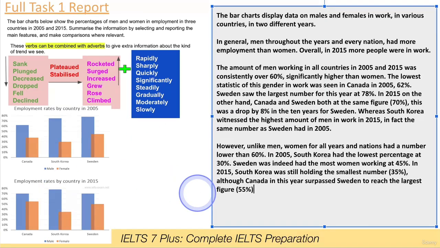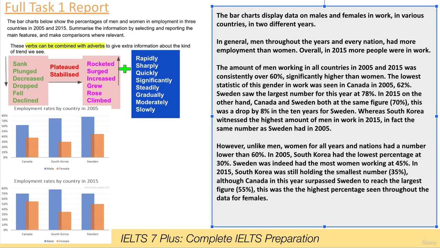This was actually the highest amount of women in work in all years. This was the highest percentage seen throughout the data for women, for females.